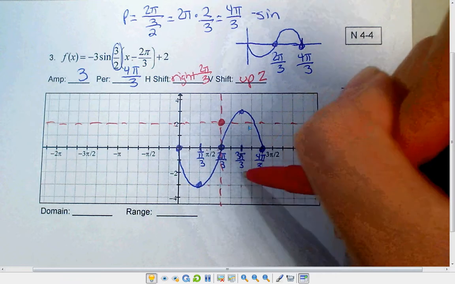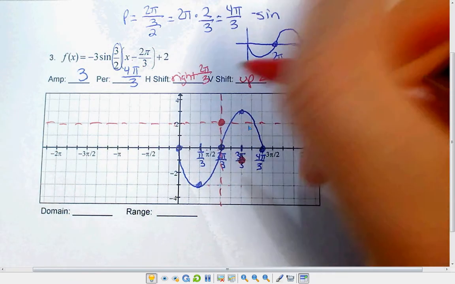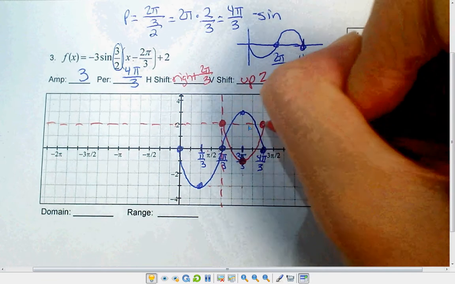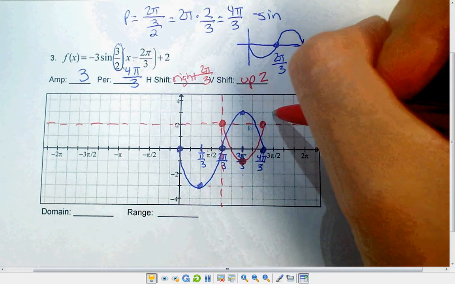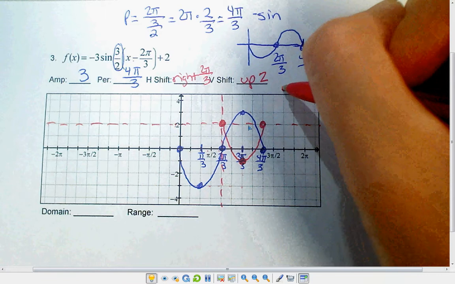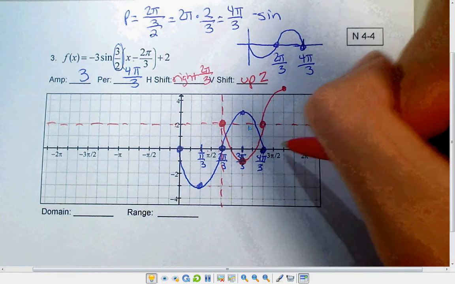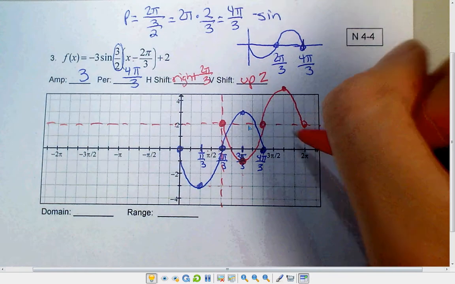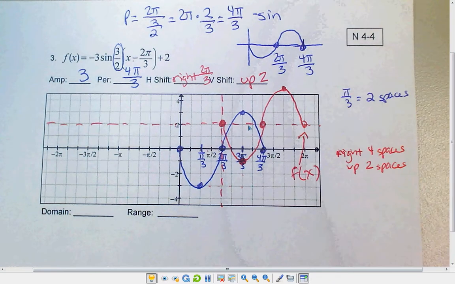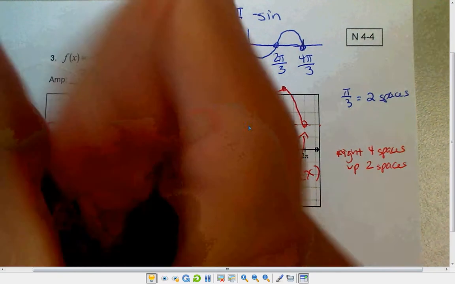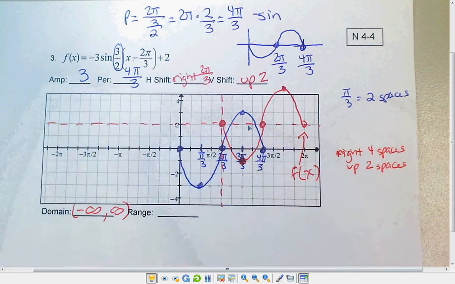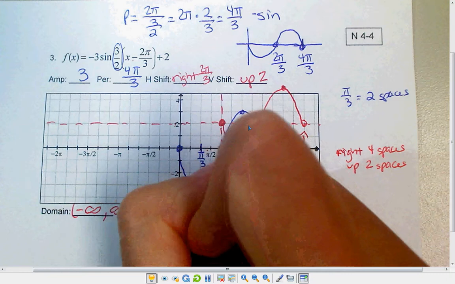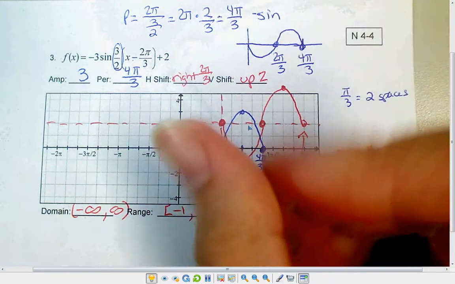Right 4, up 2, and so on for each remaining point. So this is my f of x. Domain is still negative infinity to infinity, and my range goes from the lowest point's -1, and the highest point is at 5.